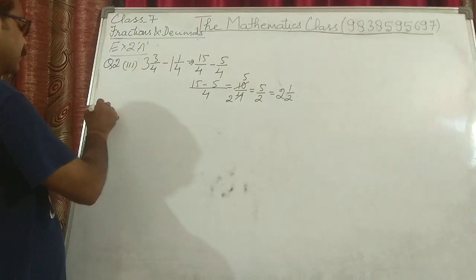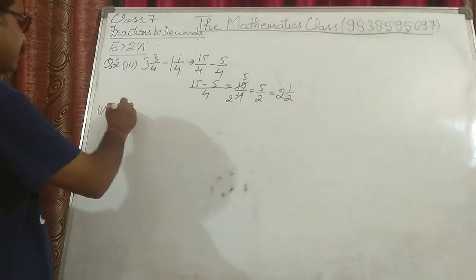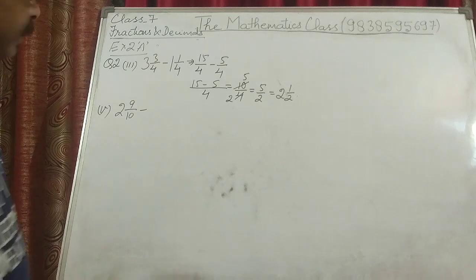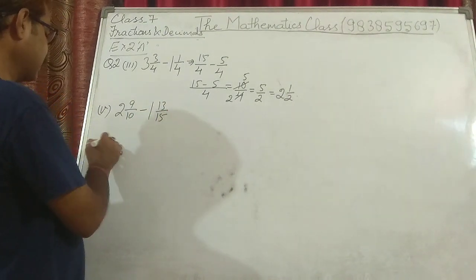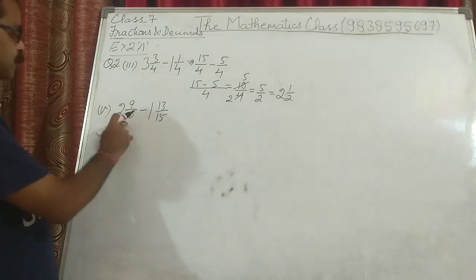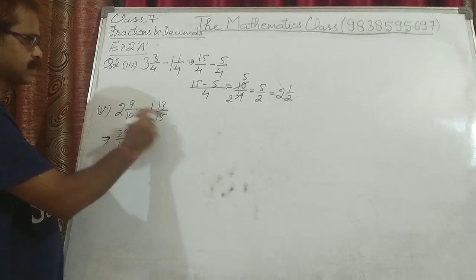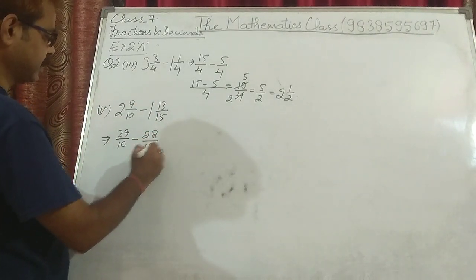Now fifth part. Fifth part is 2 whole 9 upon 10 minus 1 whole 13 upon 15. Again convert it, so 2 tens are 20 and 9, 29 upon 10 minus 15 and 13 is 28 upon 15.